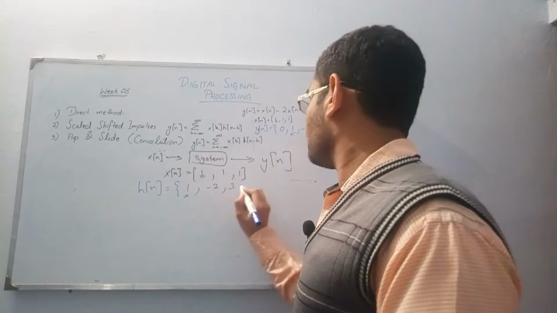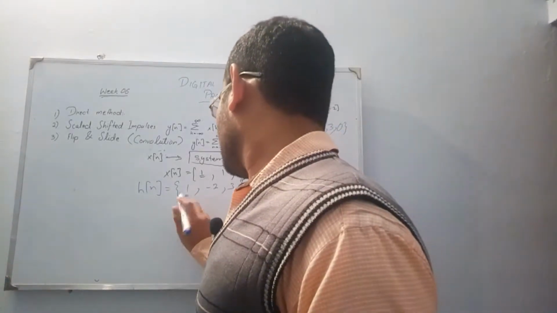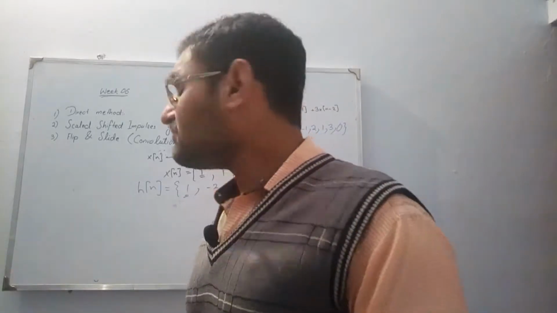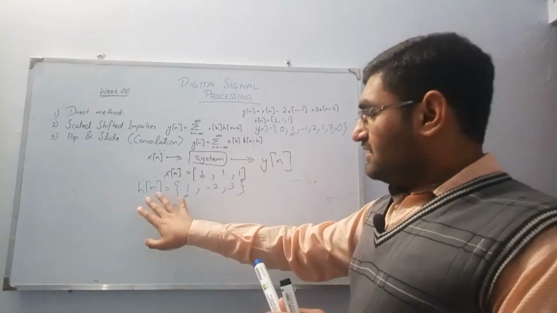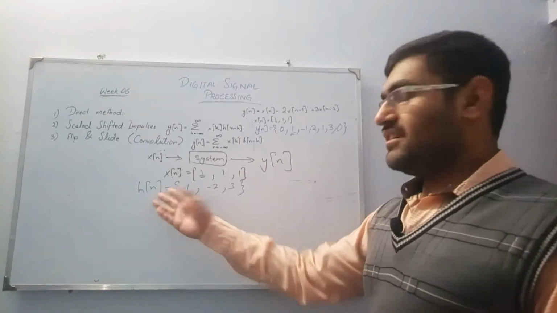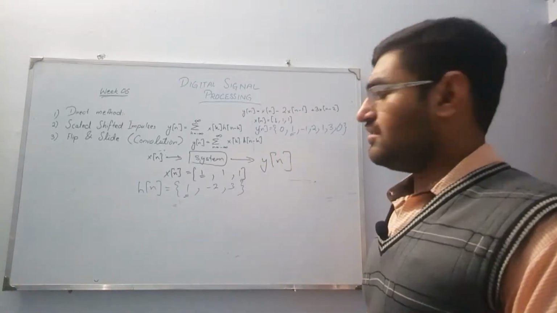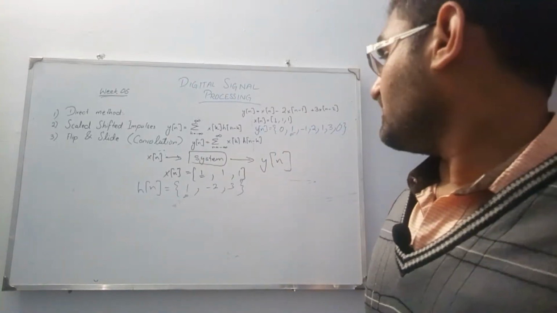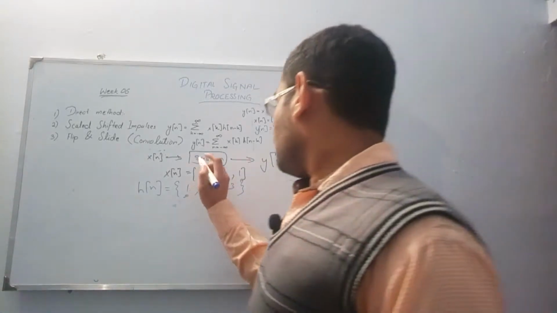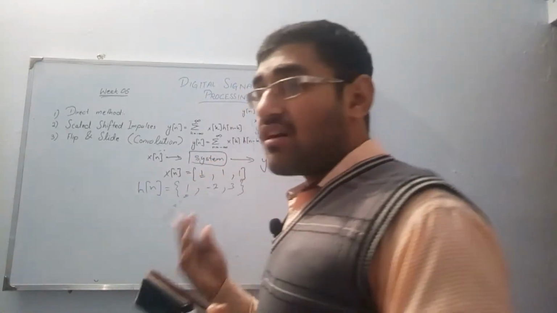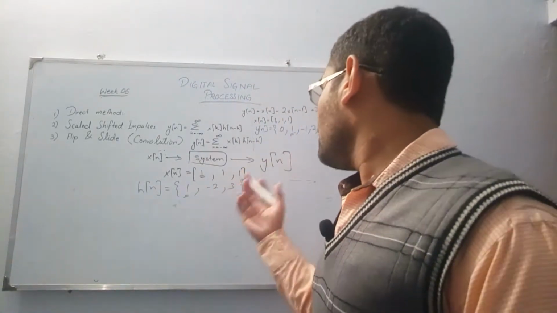Here is the 0 index. So you can see that this is our response, and we have x of n as the input signal. When we pass the input signal through the system, we always have a response.